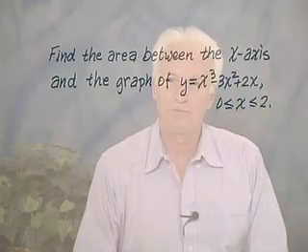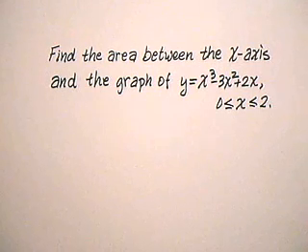Let's see how our procedure for finding the area between a graph and the x-axis works in practice. Find the area between the x-axis and the graph of y equal x cubed minus 3x squared plus 2x for 0 less than or equal to x less than or equal to 2.